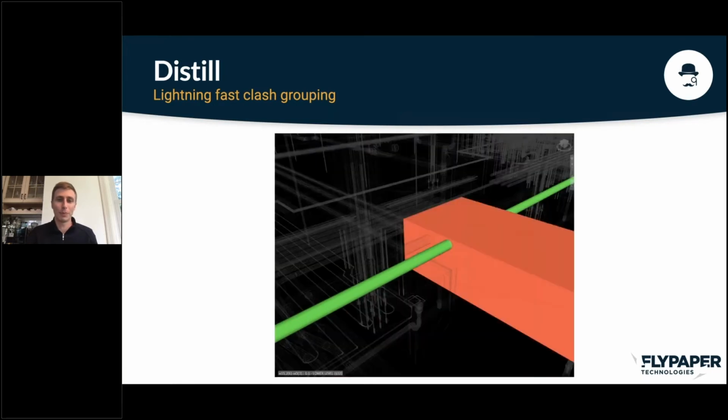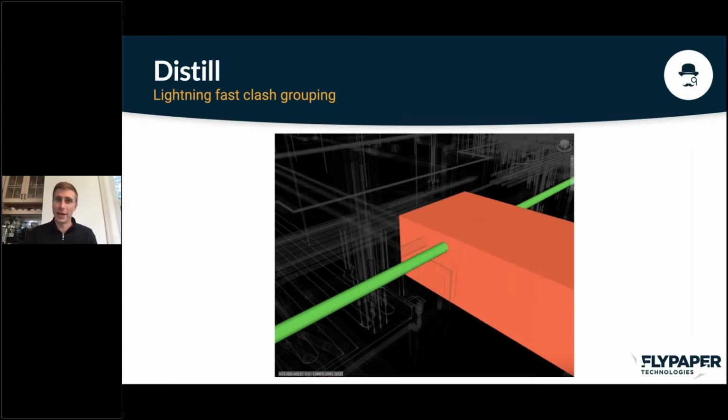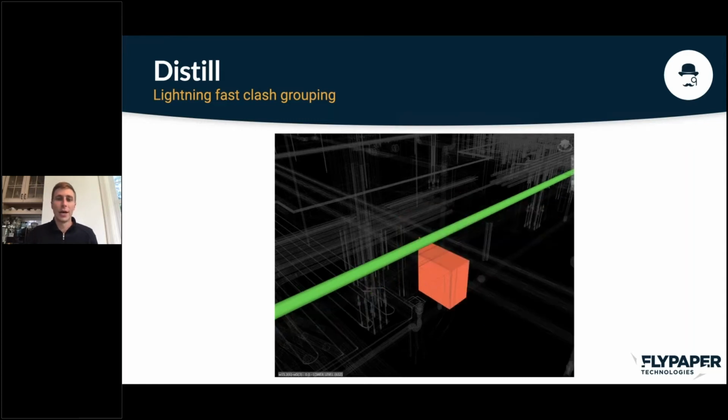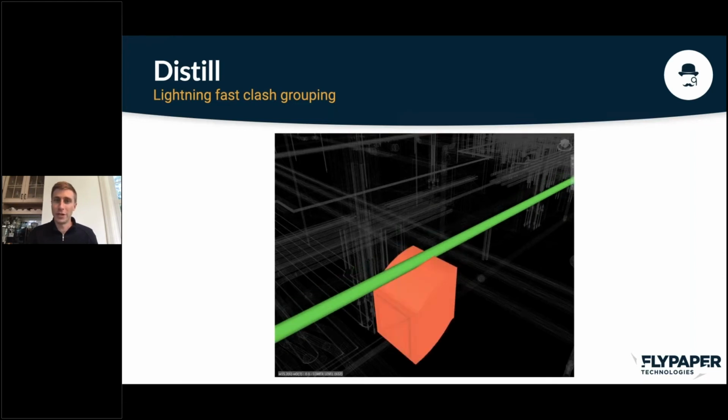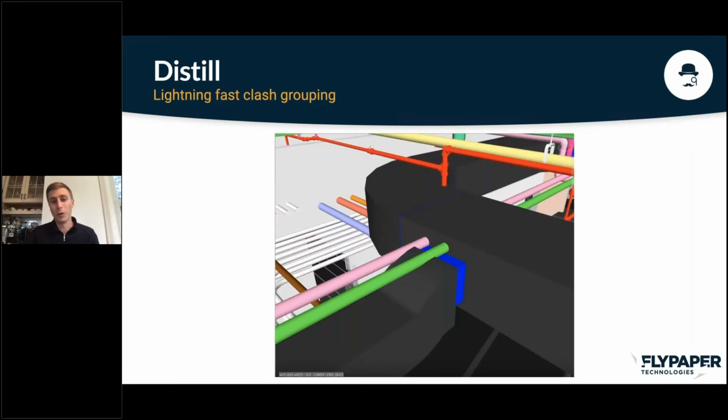It identifies one issue for the pipe running through the duct, a second issue for the pipe running through the insulation of that duct, a third for one of the transition pieces of that duct, a fourth for another transition piece, and then you multiply that by 2 for both of those pipes, and you end up with 8 clashes that Navisworks produces in this area.